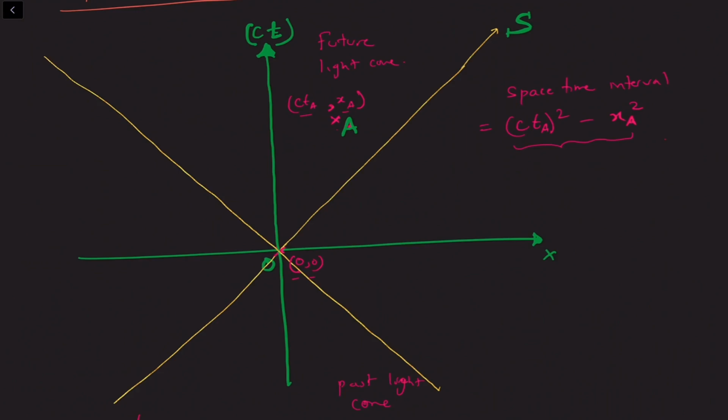And in fact, every single inertial observer, no matter what their labeling of the space-time point O and the space-time point A is, will agree, okay, on the value of that space-time interval.